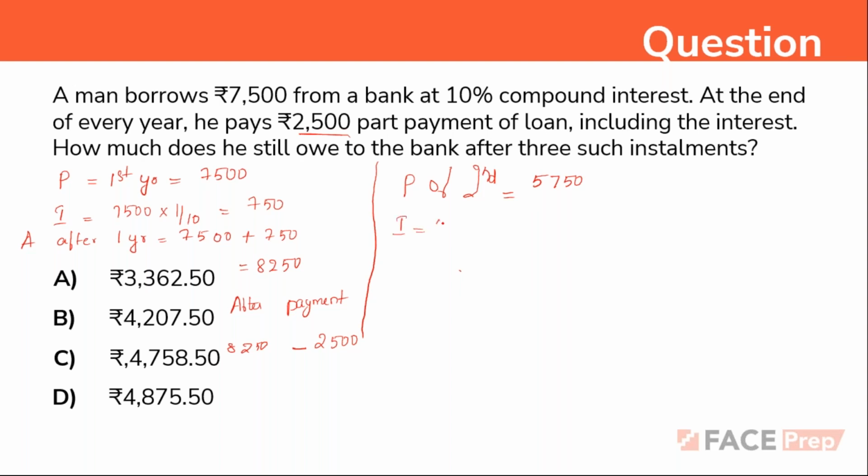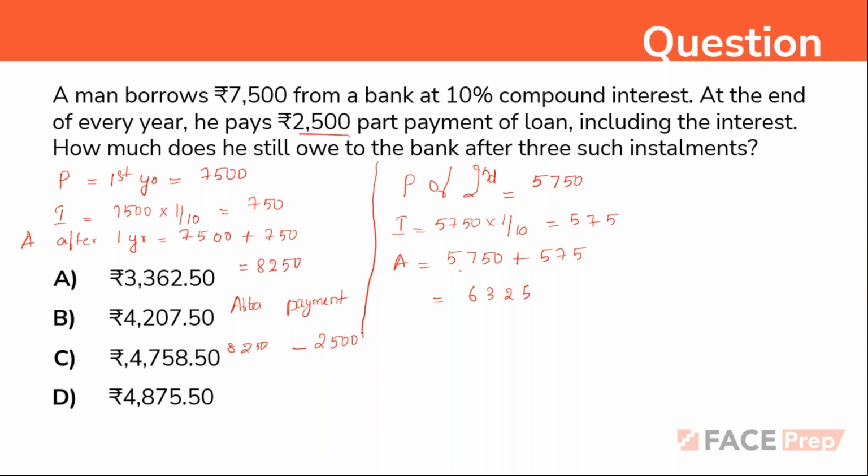So the interest is 5,750 into 1 by 10, which is around 575. So the amount will be 5,750 principal plus interest 575, which is equal to 6,325.